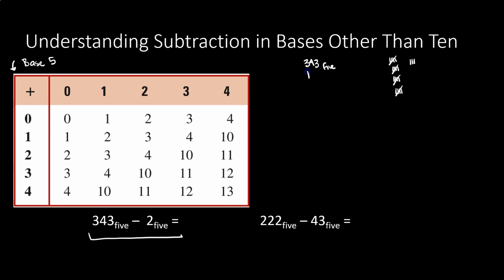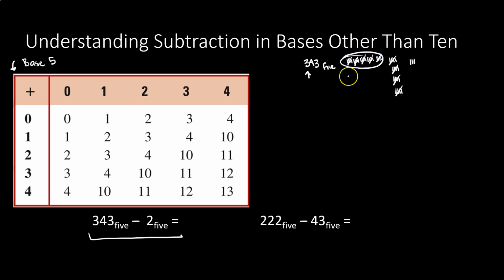And then 3 in this third place value, that looks like the base 5 squared. That's saying 5 groups of 5. That looks like this. This is 5 of the 5 groups of 5.